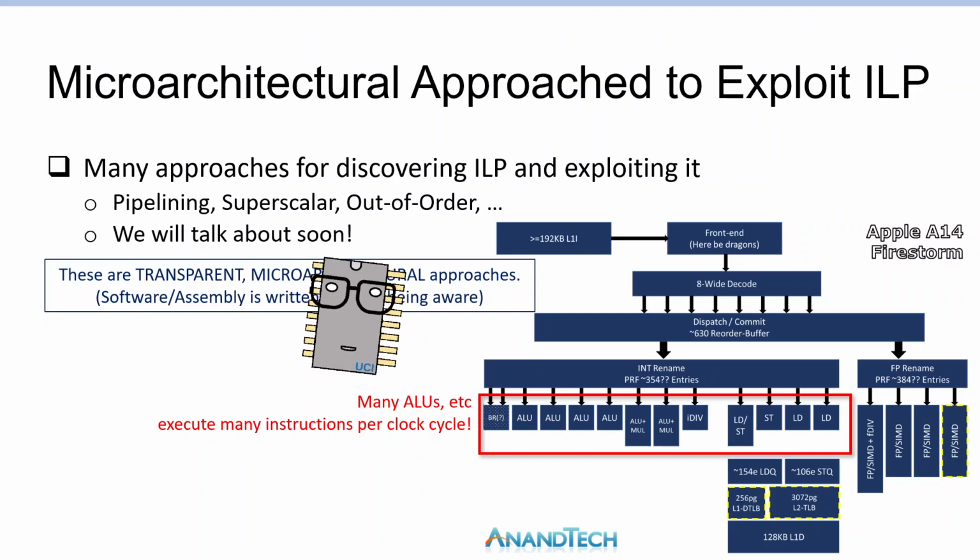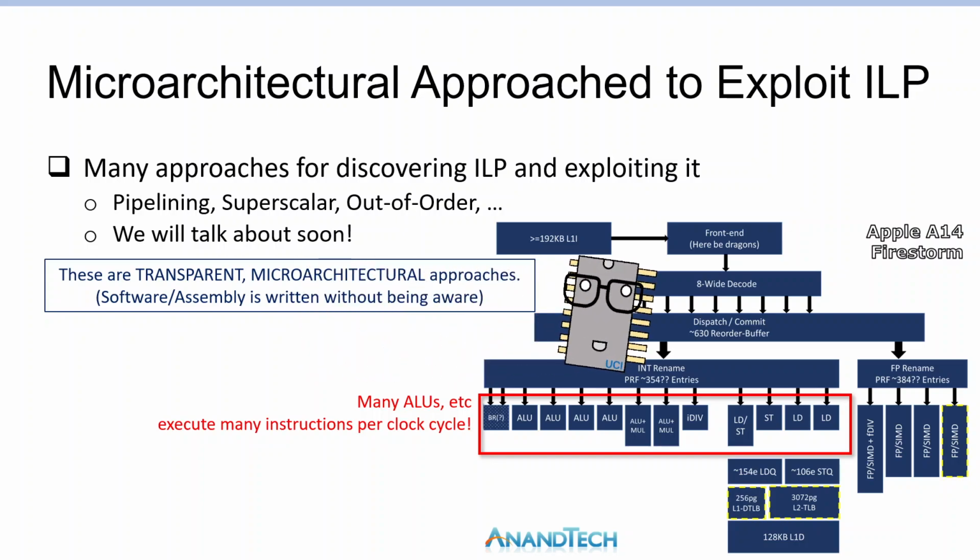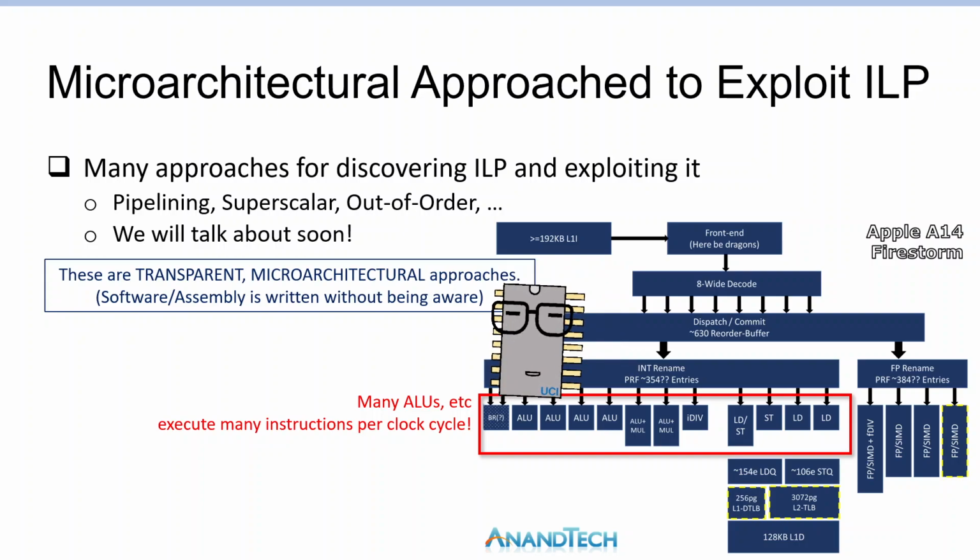I also emphasize that these approaches are transparent and also microarchitectural approaches. Microarchitectural meaning that this has no effect on the ISA, and transparent meaning the programmer, or the compiler, well, sometimes the compiler will know about this for performance optimization purposes, but in principle, the programmer or the compiler does not need to know about the existence of these ILP exploiting microarchitectural approaches.